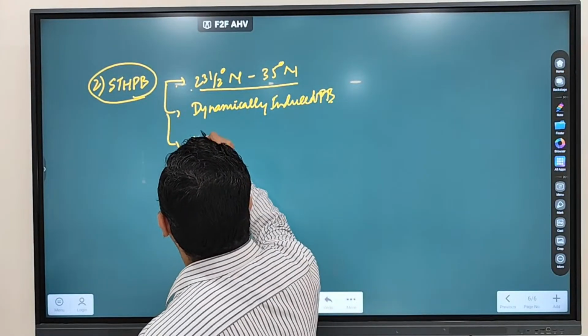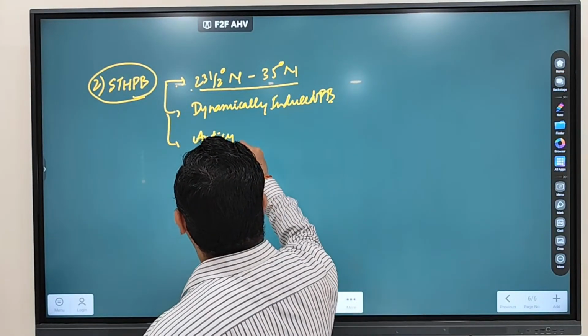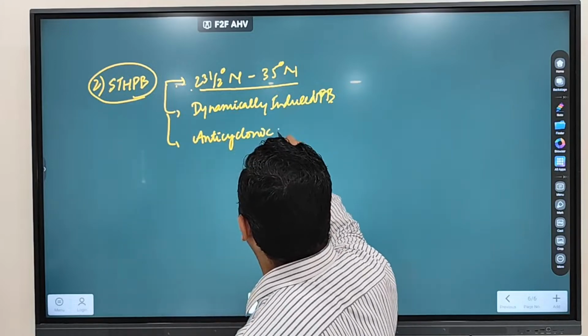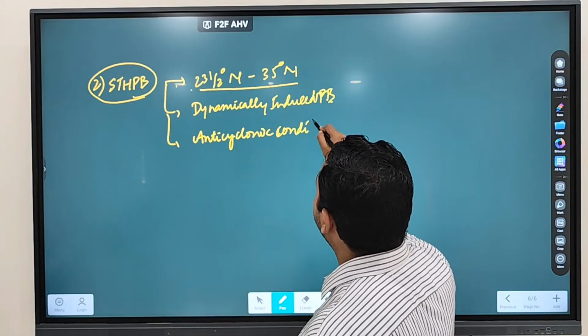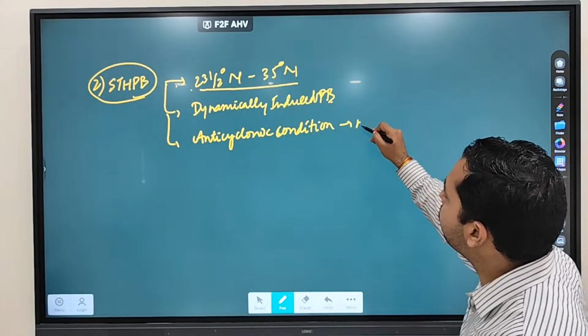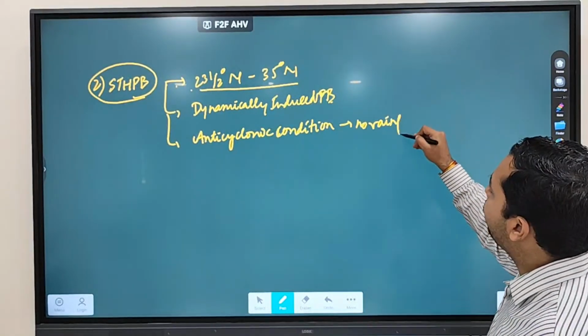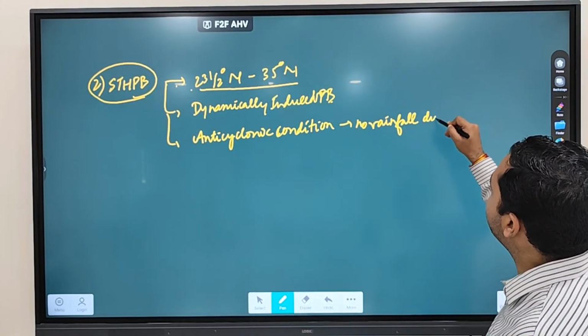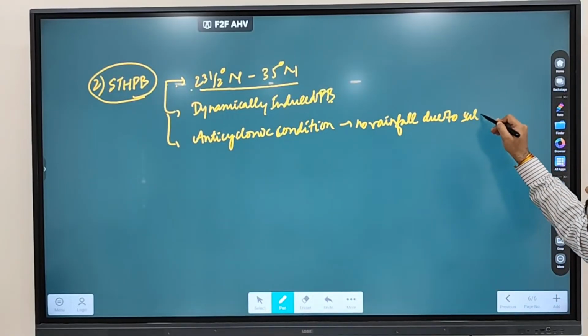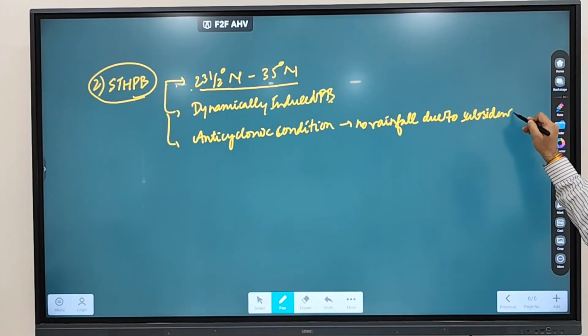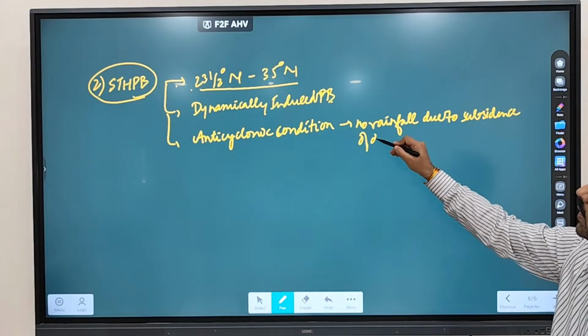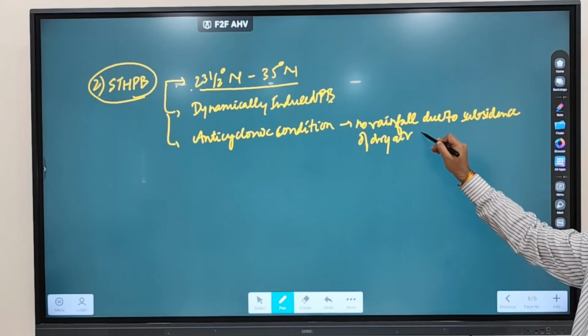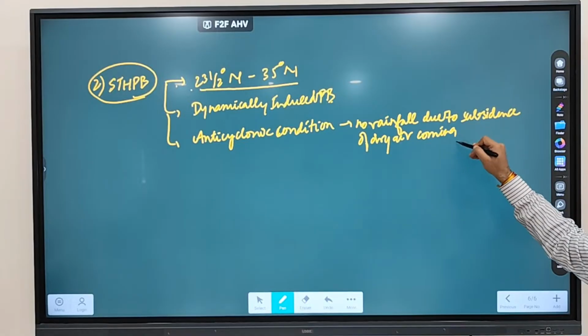Also, which type of conditions will you see? Anticyclonic conditions, with no rainfall due to subsidence of dry air coming from the equatorial region.